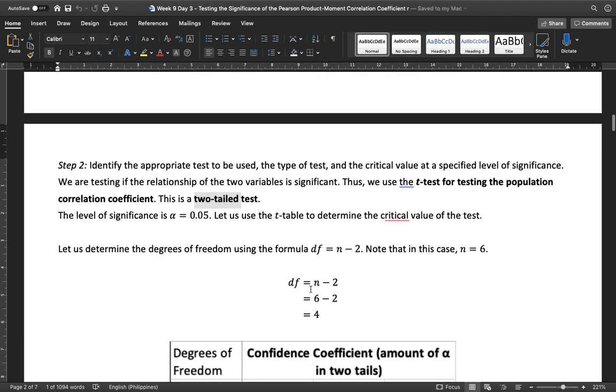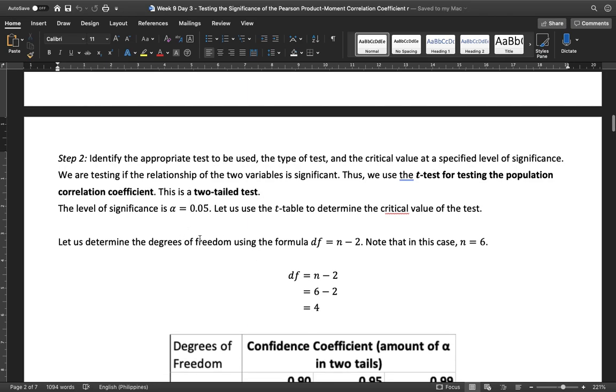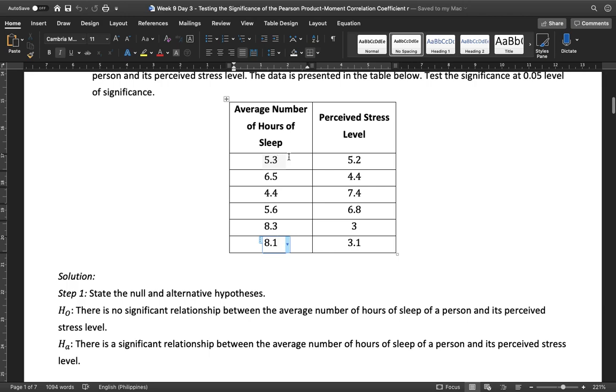Okay? So, to determine the critical value, we solve for the degrees of freedom. df is equal to n minus 2. In this case, n equals 6: 1, 2, 3, 4, 5, 6. Hindi pabilangin din itong kabila kasi perceived na, for each participant, itong dalawa yung meron, tulog pati yung stress level nila. So, 6 participants lang po talaga sila.